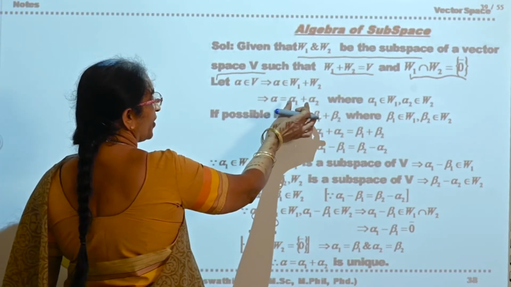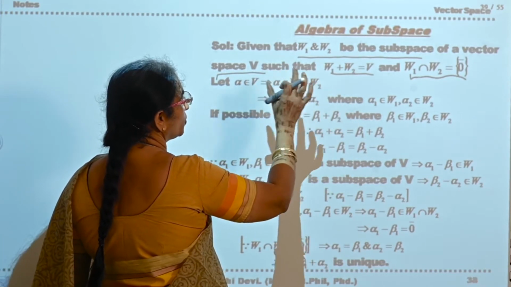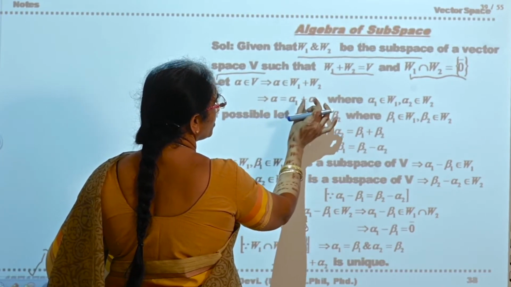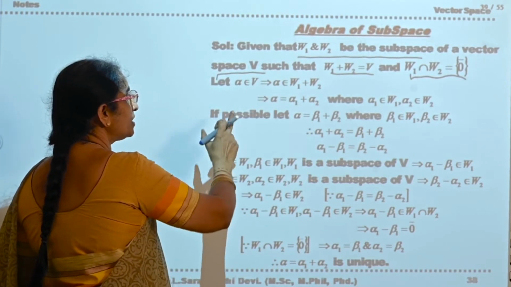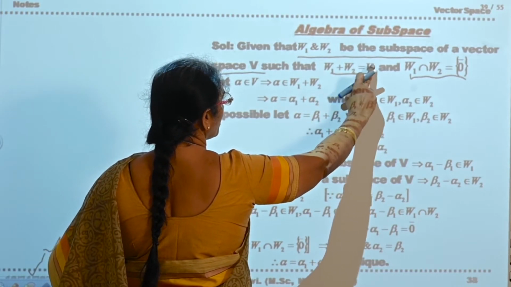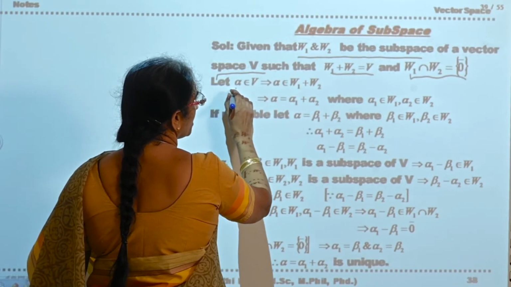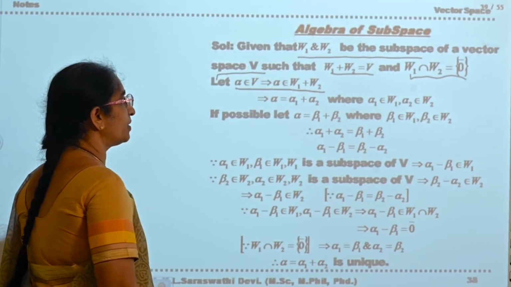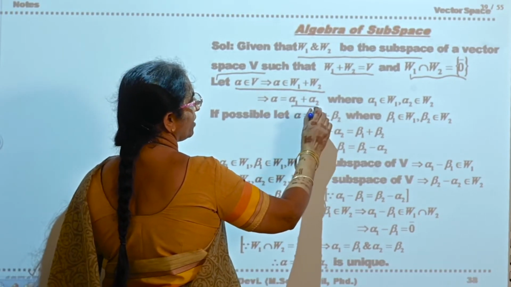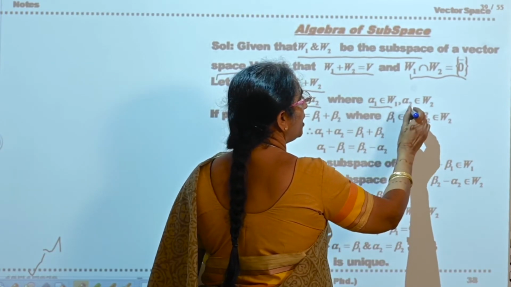This is from the definition of linear sum. V is equal to W1 plus W2 means every element of V will be in W1 plus W2. So alpha belongs to V implies alpha belongs to W1 plus W2, so alpha is equal to alpha 1 plus alpha 2, where alpha 1 belongs to W1 and alpha 2 belongs to W2.